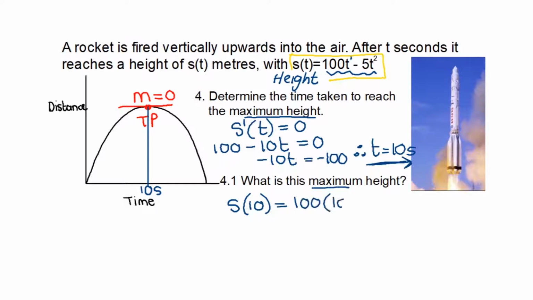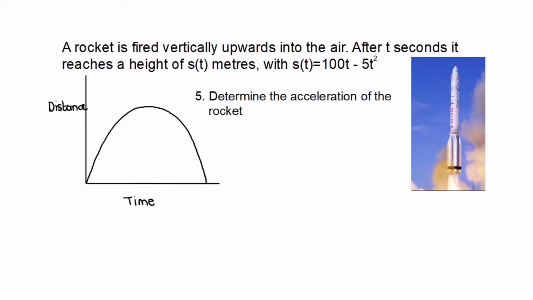So replace every t with a 10, which means I'll get 1,000 minus 500, which is 500 meters. So at this stage, I can say this maximum height will be 500 meters. Remember we said, and that will happen after 10 seconds.